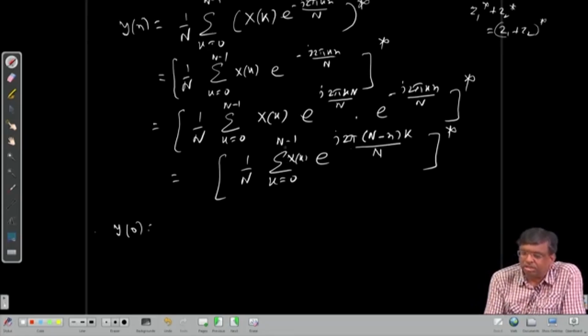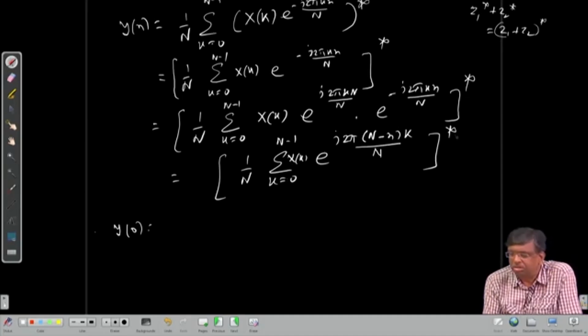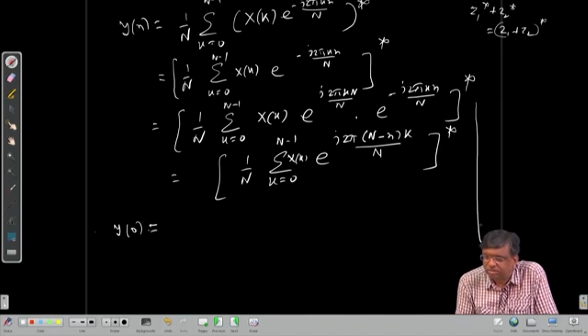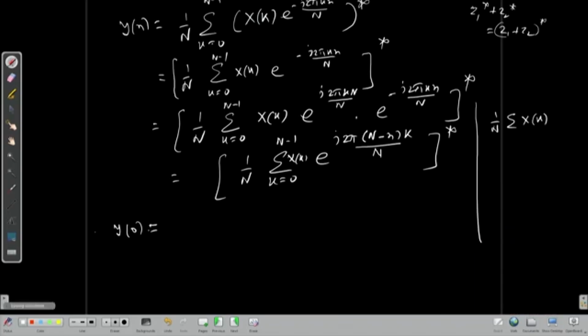So it is the summation of X k into 1 by N, star, which is basically 1 by N X k e to the power j 2 pi k n by N, summed over k. You get x n. This is the ordinary inverse DFT formula. So at n equal to 0, e to the power 0 is 1, so it is just the summation of X k's divided by N. That is what we have here.